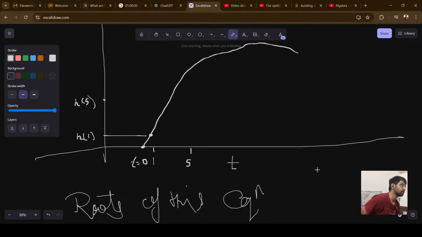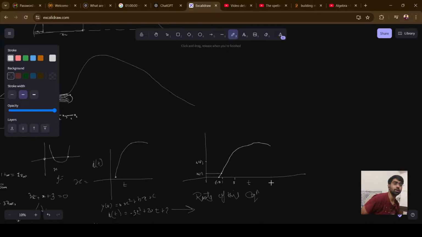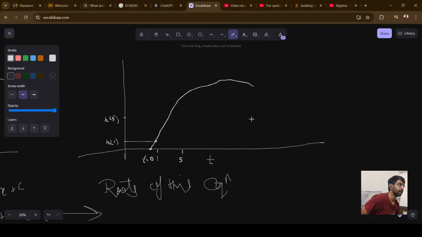Now I want to find when this ball will touch the ground. Touch the ground means its height is 0.